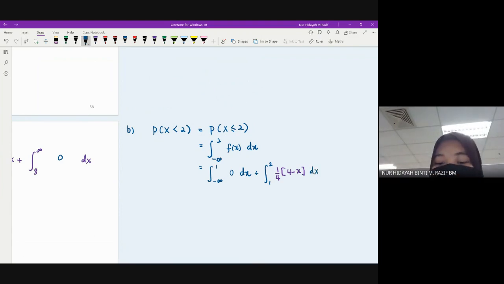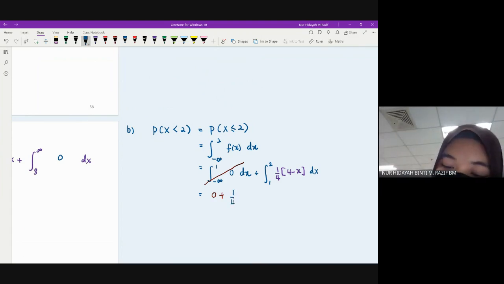Okay, so integrate saja seperti biasa. Yang depan ni dapat 0. Kita tahu dia kekal 0. So, I'm not going to write anything. You can also write 0 tambah. Okay, and then yang belakang kita akan keluarkan 1/4. Integrate sahaja, you akan dapat 4x minus x square over 2. Limitnya from 1 to 2.